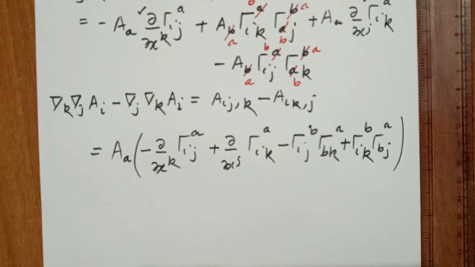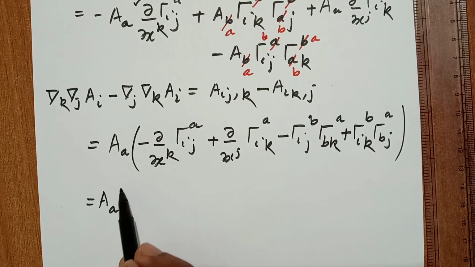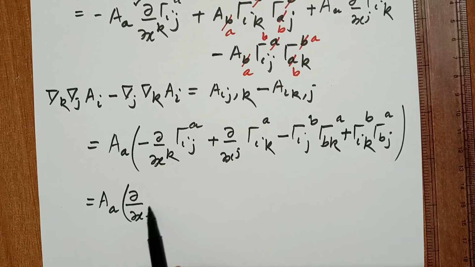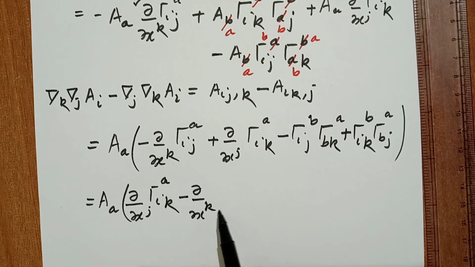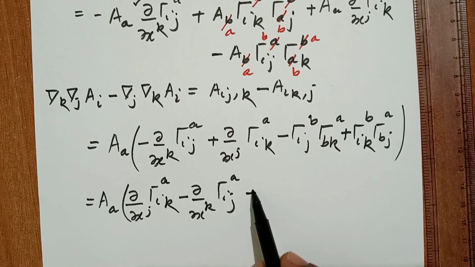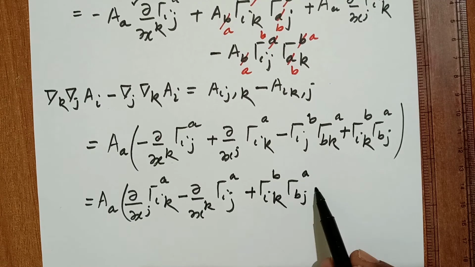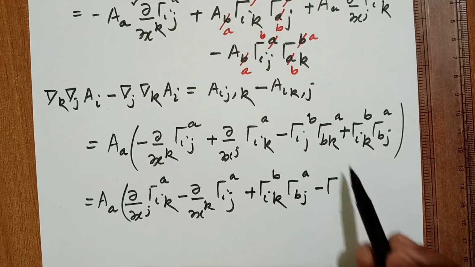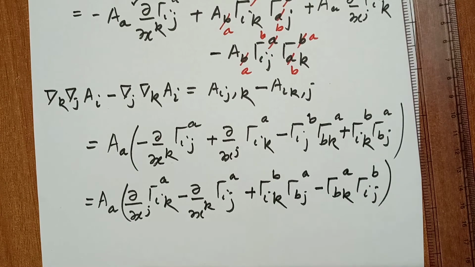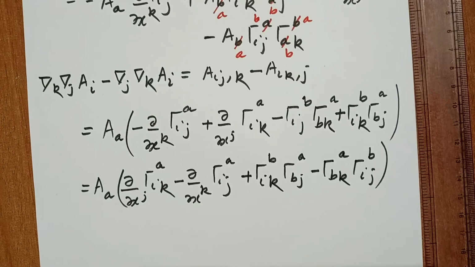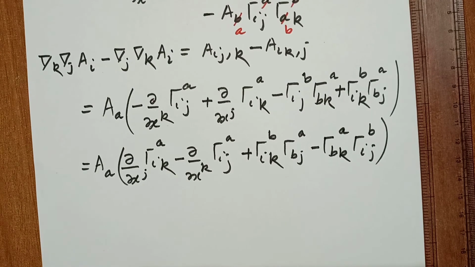It means this can also be written, firstly the plus term and then minus: a del by del x j a_ik minus del by del x k a_ij plus b_ik a_bj minus a_bk b_ij. So this is the definition of the curvature tensor. So we define the curvature tensor.